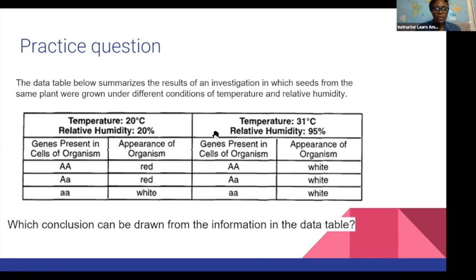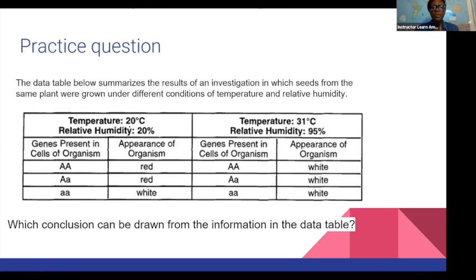Here's a practice question. Let's take a look at it. We could see here there are two different environments. One is 20 degrees Celsius, one is 31 degrees Celsius.